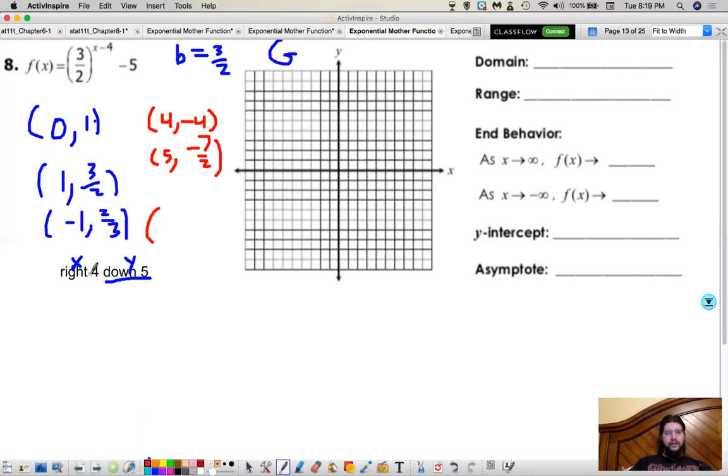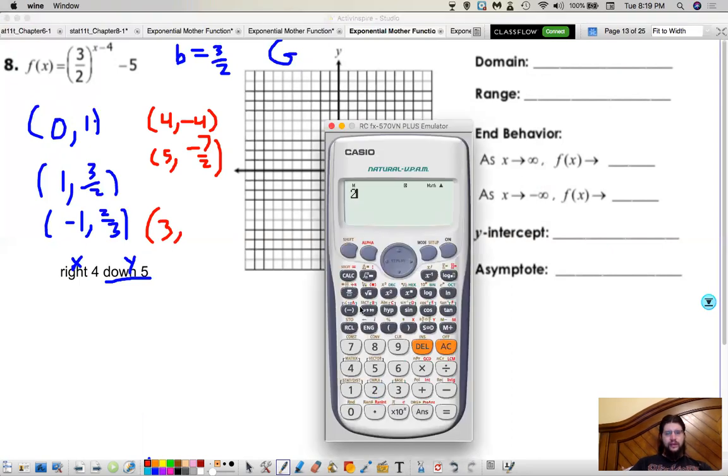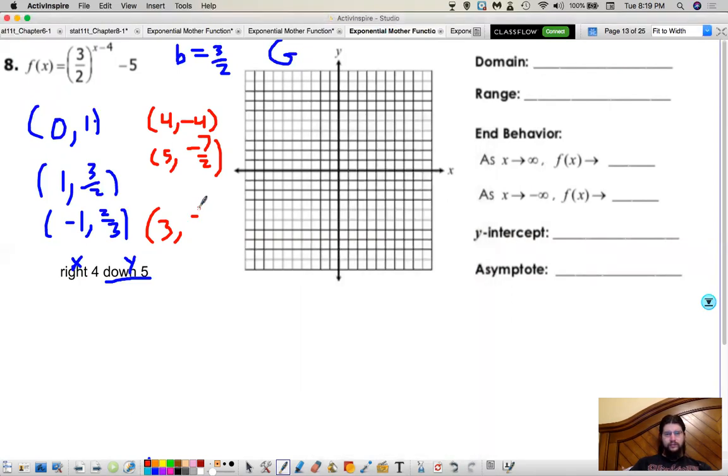And then if I add 4 to -1, that's 3. I do 2/3 minus 5, that's -13/3, which is -4 1/3. So this is what the points should be based on the arithmetic, right? You add 4 to the x, subtract 5 from the y. My asymptote is going to be at y equals -5.